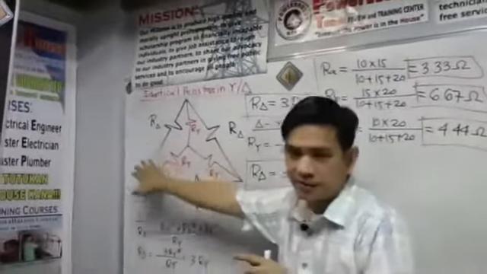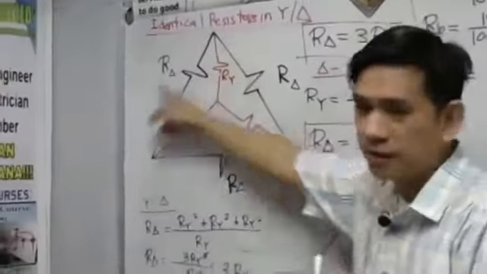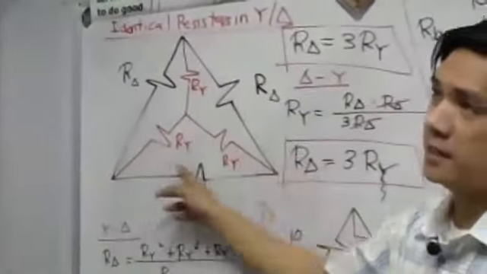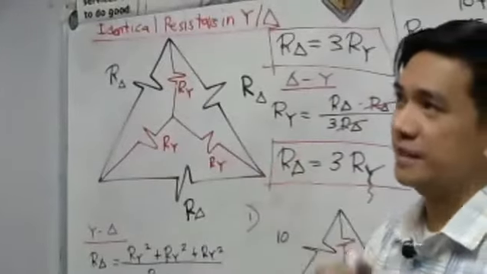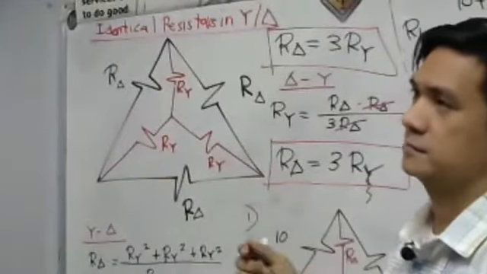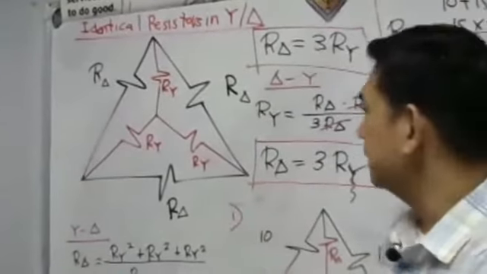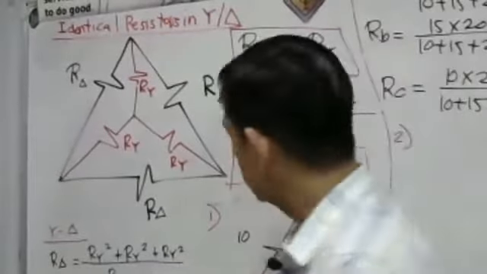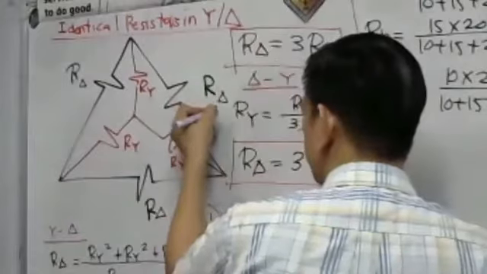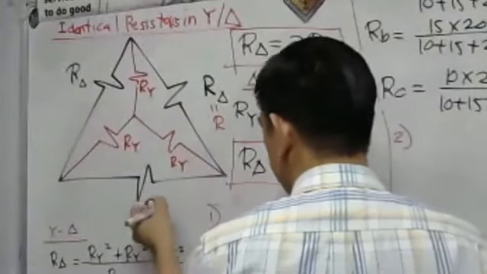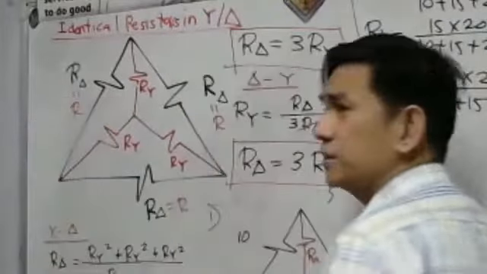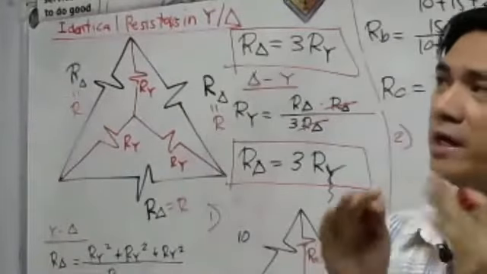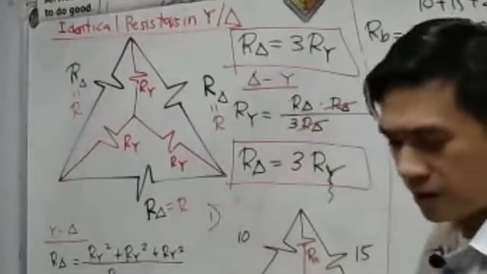I will not draw anymore, it is already here on the whiteboard. Being connected in delta, R delta is simply equal to R. The question is, what will be our equivalent Y element, which is our RY?